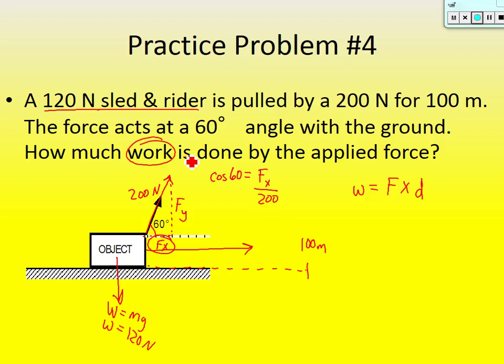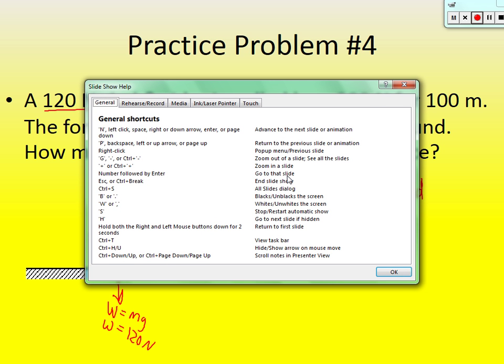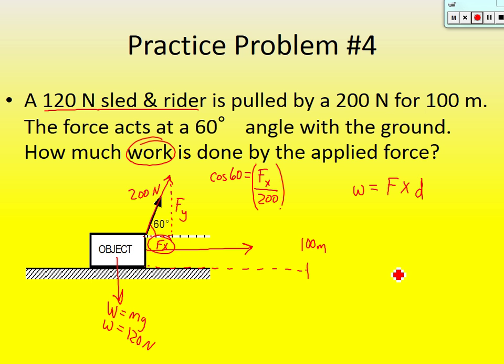Now let's solve this equation for Fx. If we multiply both sides by 200, we cancel that out on the right side, and so Fx is equal to 200 times the cosine of 60 degrees.